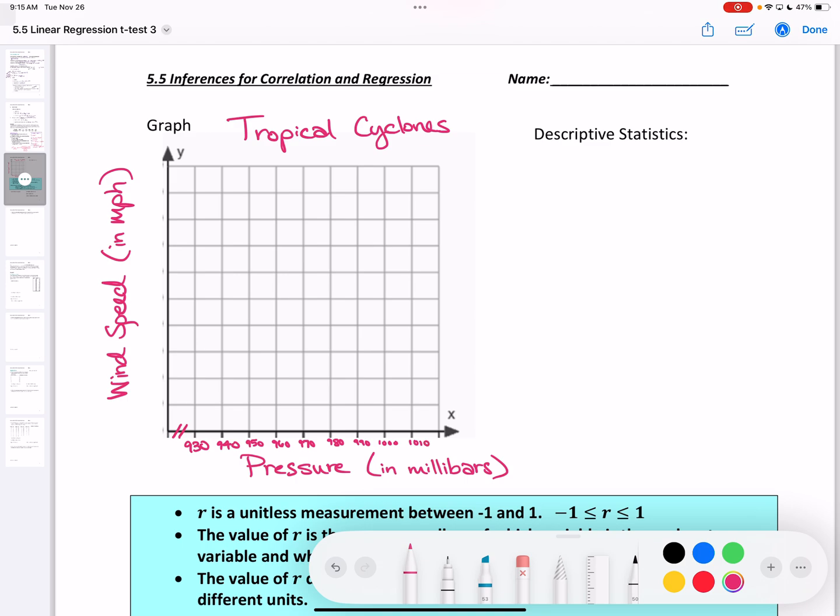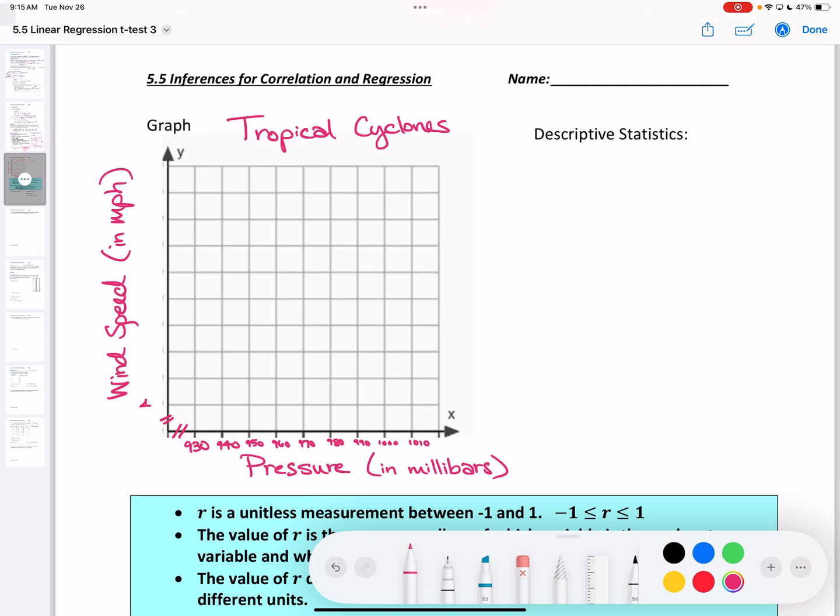So then when I looked at the wind speed, my wind speeds were 40, 100, 65, 145, 80, and 150. So the lowest data value was 40, and I needed to go up to 150. So I decided to break this side as well and start at 40.